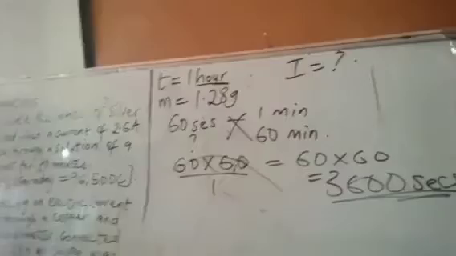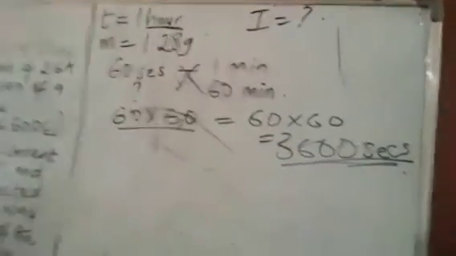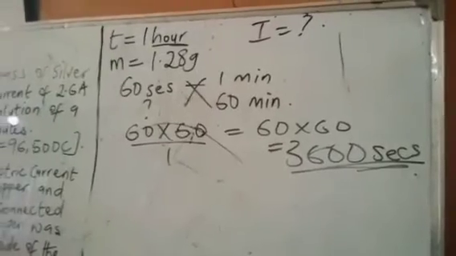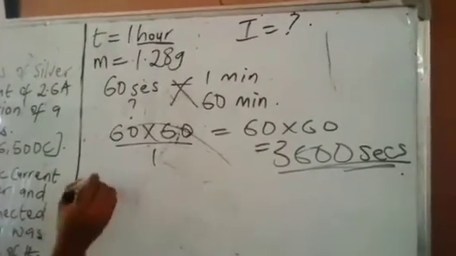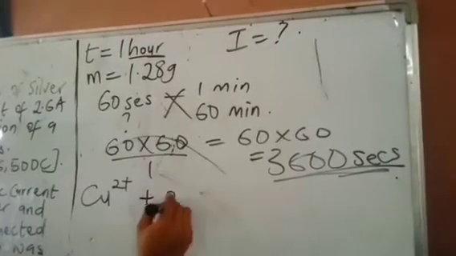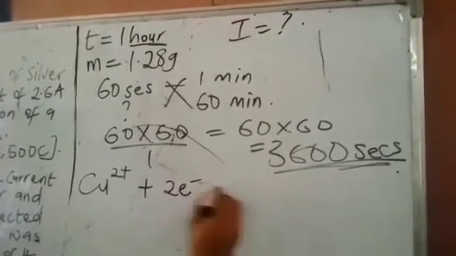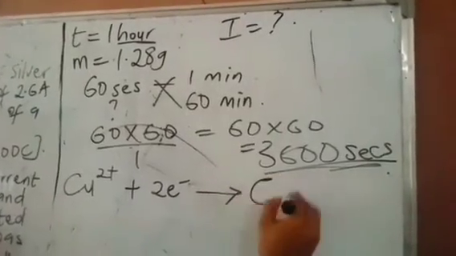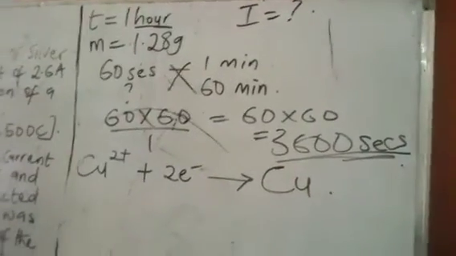Now, we're given information, and of course, the first thing to do is to write the equation of reaction. So we have copper 2 plus, gaining 2 electrons to give us copper atom.